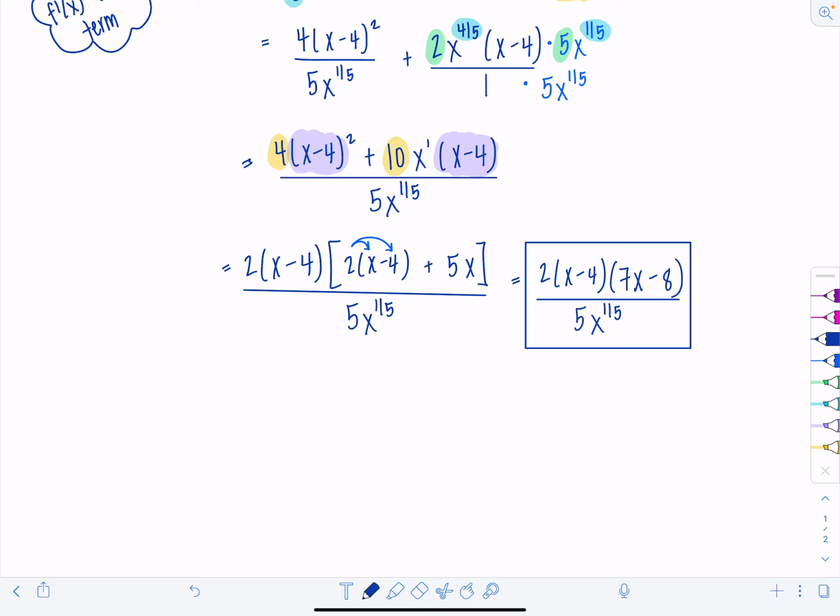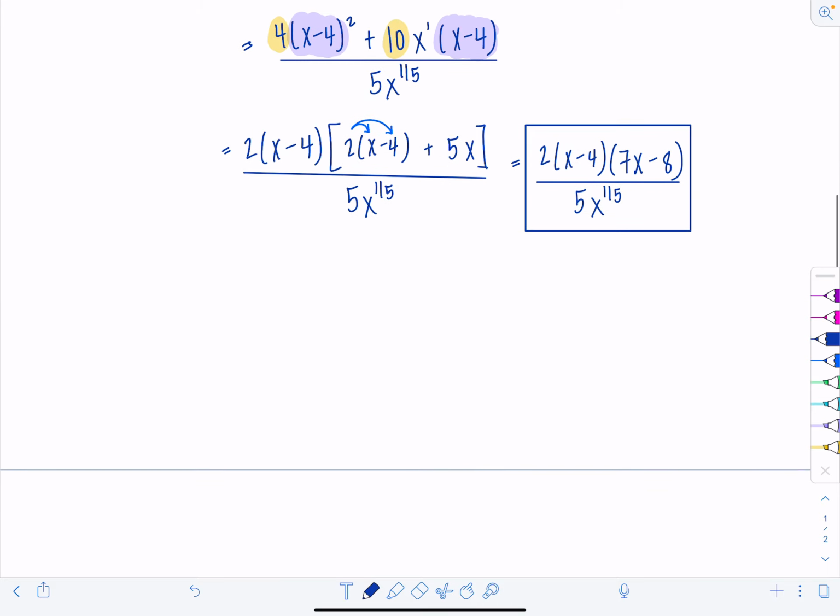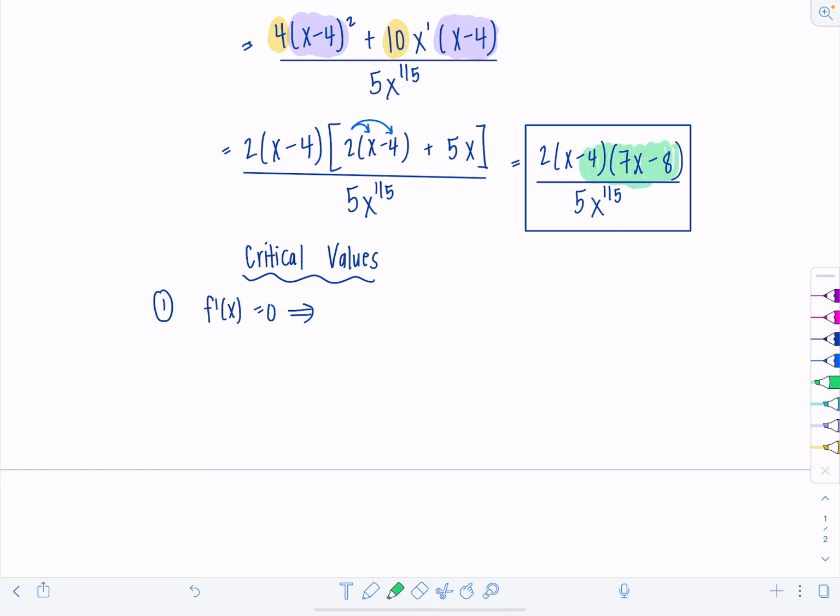Now that we have f prime of x nicely factored and written as one term, it's critical value time. Always list them out this way. Step 1, you find them where f prime of x equals 0, which means you set the numerator equal to 0. Since it's so nicely factored, I can tell that means either x is equal to 4 or x is equal to 8/7.